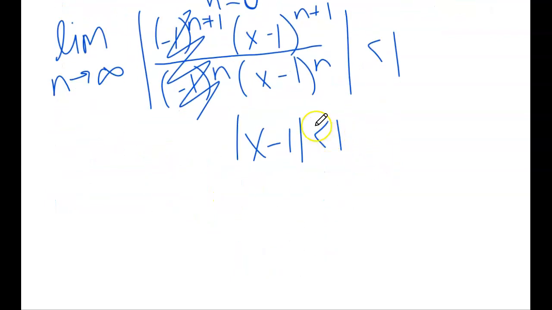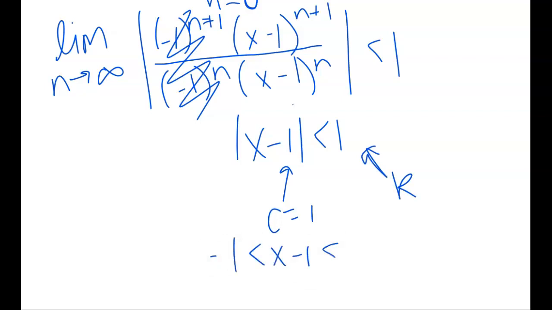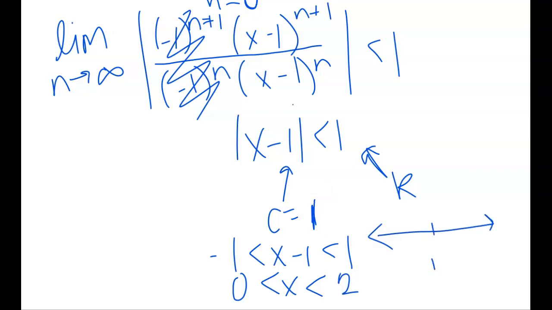Well, this makes sense because my center is 1, right? So center is 1, radius is 1. And so I can set this up as negative 1 less than x minus 1 less than 1. And if I add 1 to both sides, I get 0 less than x less than 2. And again, with a center at 1 and a radius of 1, that makes sense that I'm looking at 0 to 2 for my interval of convergence.